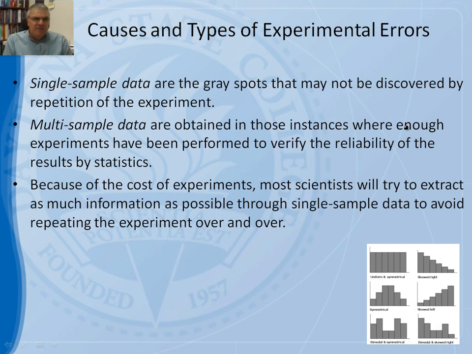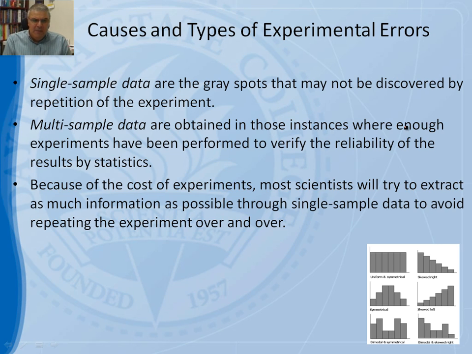So what are some of the causes of types of experimental errors? Well, there are two types of data that we talk about here: single sample data and multi-sample data. The multi-sample data are obtained where we have performed enough experiments to verify the reliability of the results by statistics.